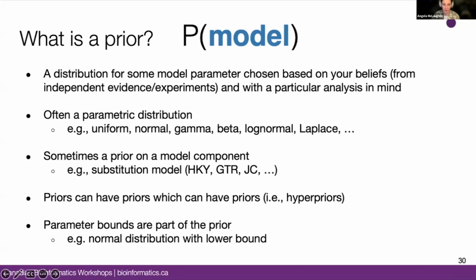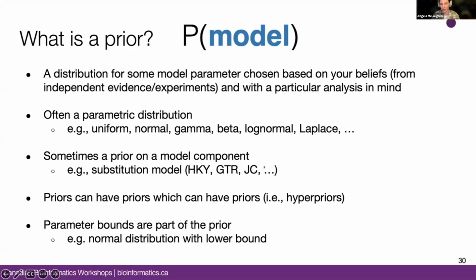Usually a parametric distribution is going to be specified, whether that's uniform or log normal. And then sometimes this is just making a selection about a type of model. So for substitution models, how are the different nucleotides transitioning from one to the other? We have several choices, HKY, GTR, JC.